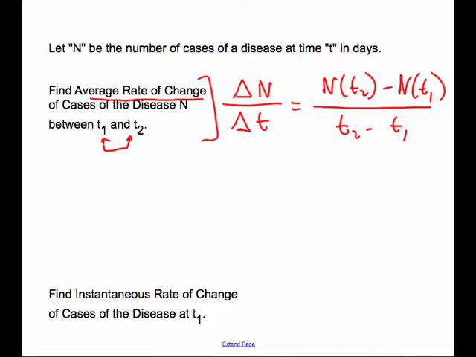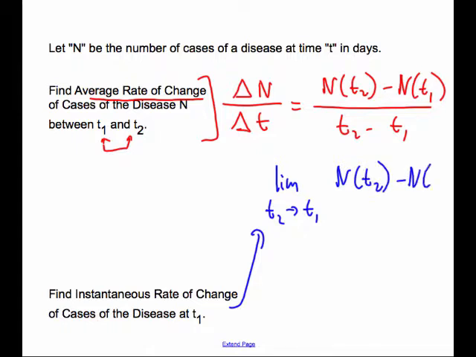If I want to talk about the instantaneous rate at which the disease is spreading at time 1, then I simply take the limit as time 2 approaches time 1 of my average rate of change. Instantaneous rate of change, remember, is the limit of the average rate of change.